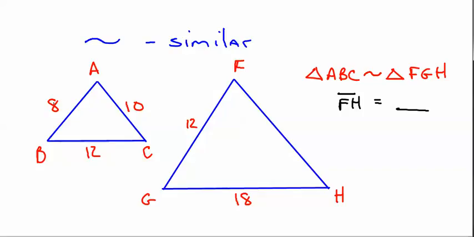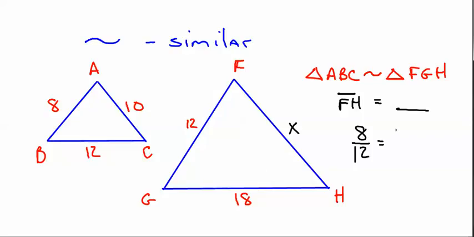You can say the left side of this triangle, which is 8, over the left side of this triangle, which is 12, equals 10 over what you're trying to find. We'll call it x.